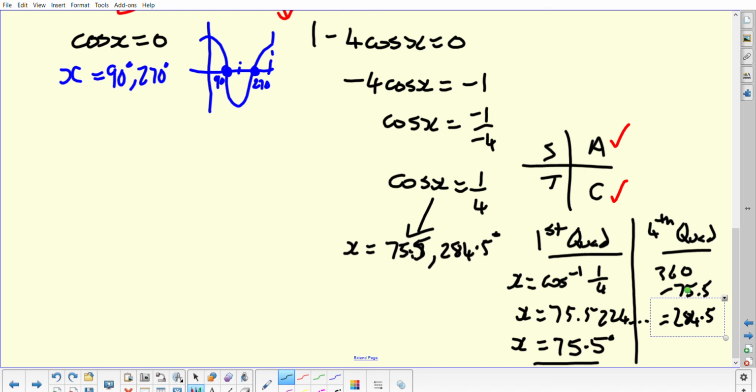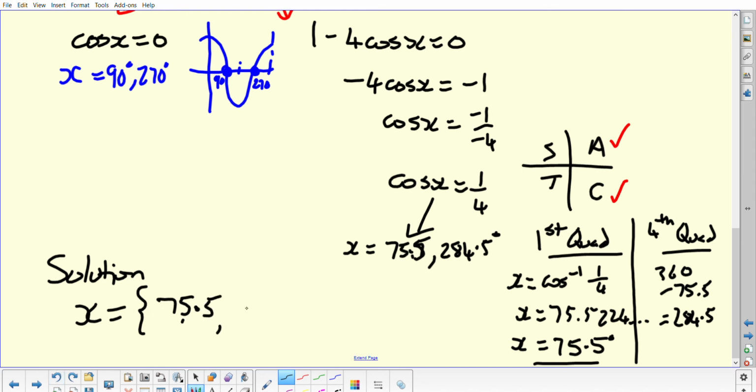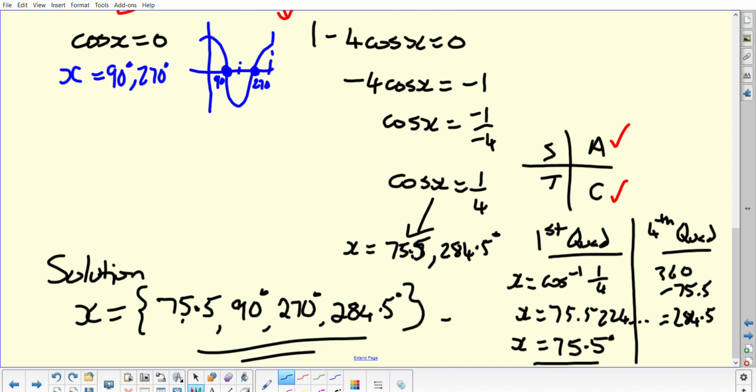Putting all those things together, your final solution at the bottom, you would list the four angles: x equals 75.5, 90, 270, and 284.5, and that would be it.